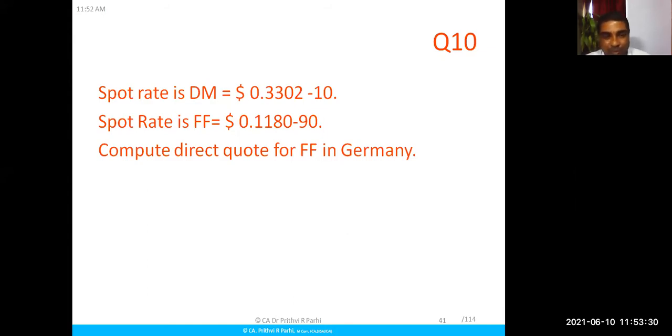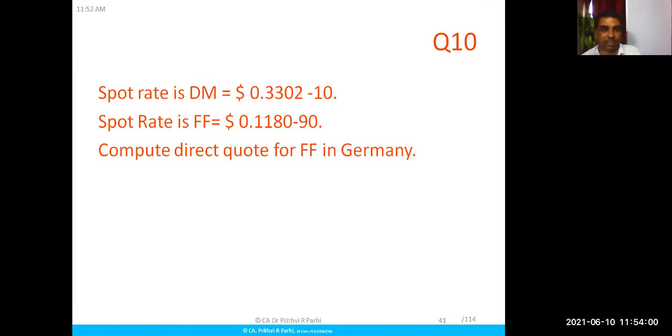This is a quote from a particular banker. Spot rate is DM equal to $0.3302 to 10. Spot rate is FF equal to $0.1180 to 90. Compute the direct quote for French franc in Germany.